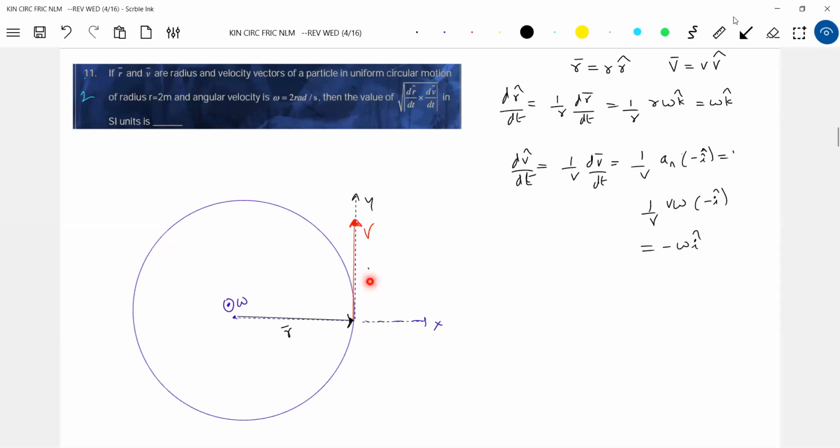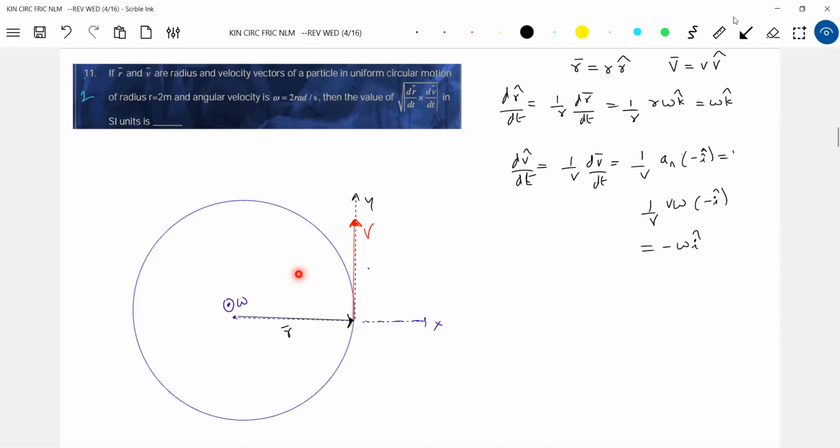We don't get any angular velocity which will be directed in this way. Because see, why is this angular velocity there? Because of angular displacement of this position vector. Sir, omega is the magnitude of dr cap by dt. That is not the direction of omega.